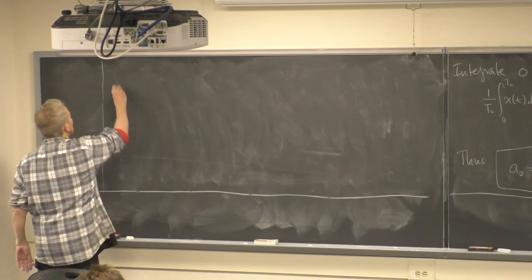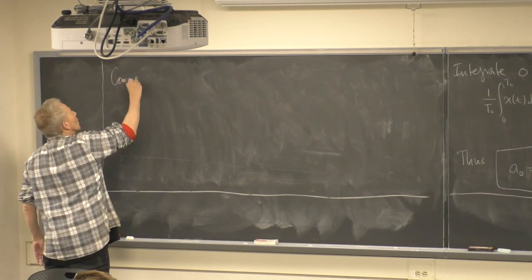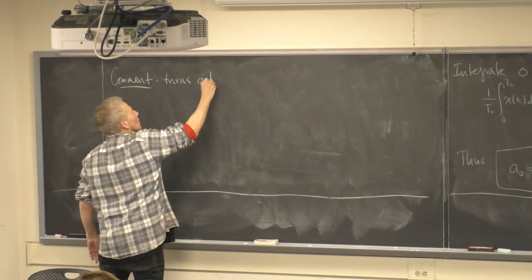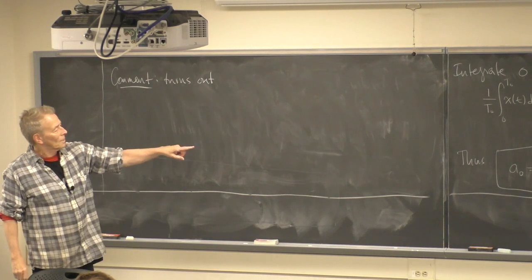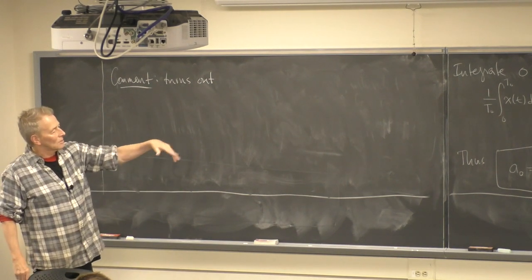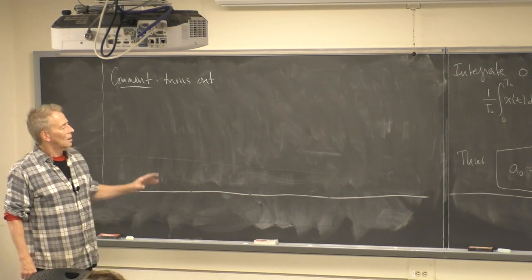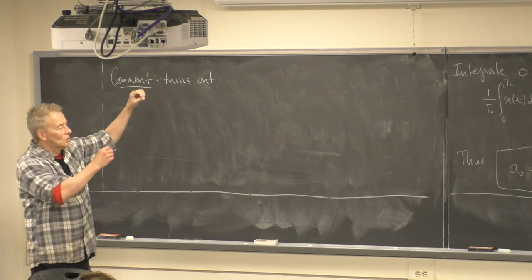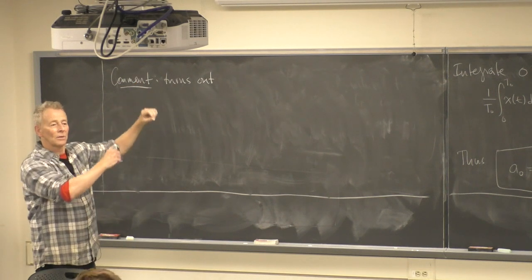So here's a comment. It turns out that we can do these circled formulas for the AKs, and we don't have to necessarily integrate from 0 to t0. All we have to do is integrate over any interval of length t0.